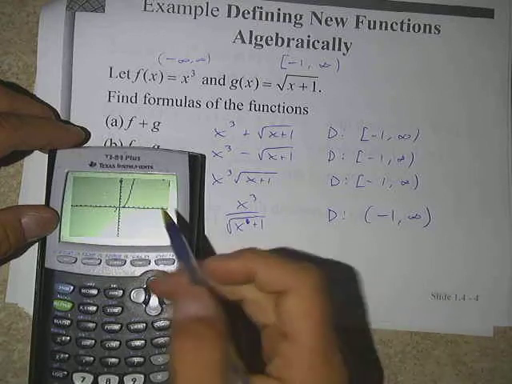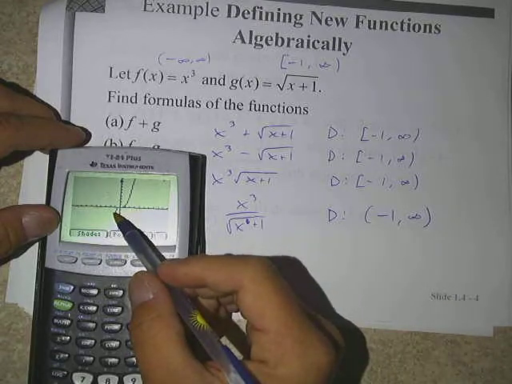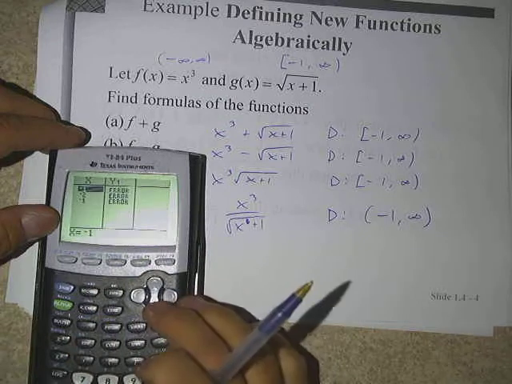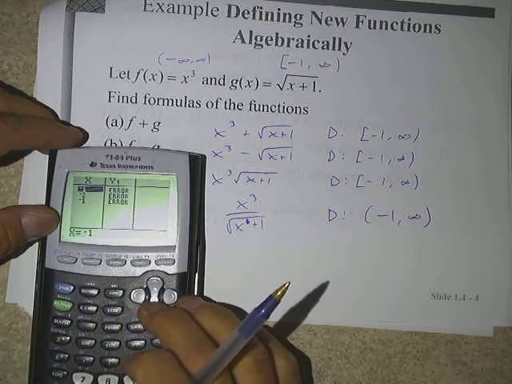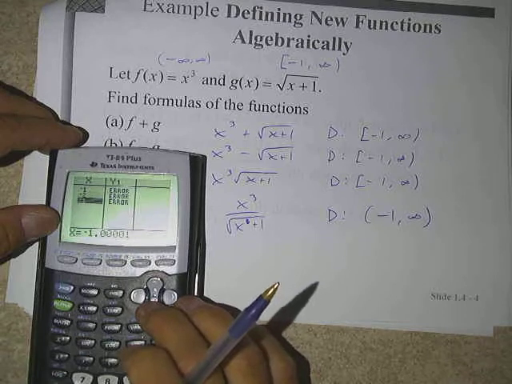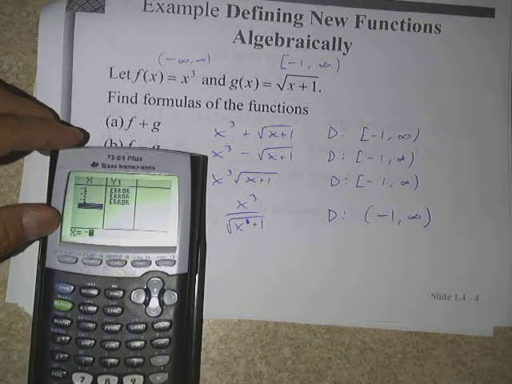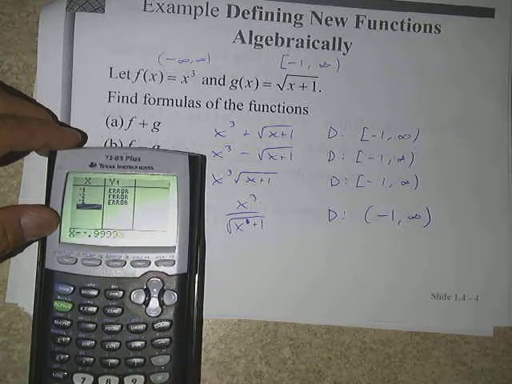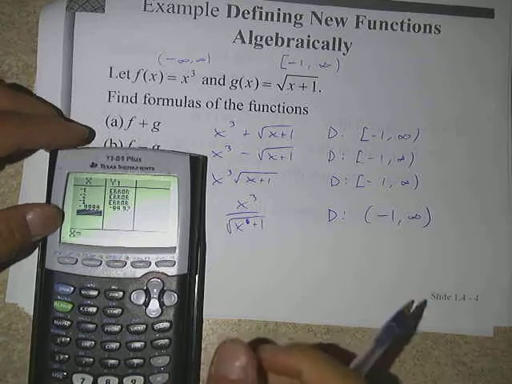And then if we do the division of the two, it looks like negative 1 here is where we start, but if you look at your table again, notice negative 1 itself gives an error, like it should.